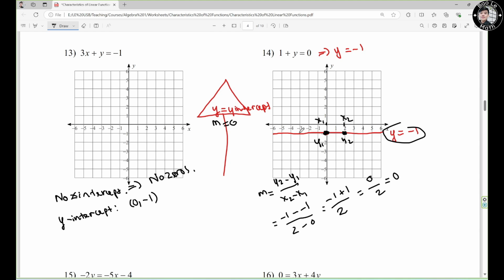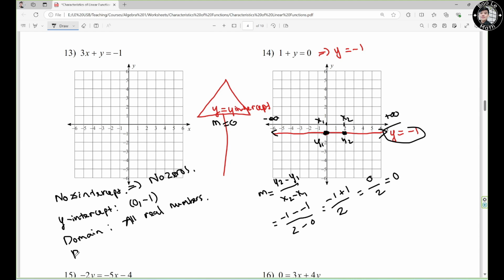Next one, we need to find the domain and range of this function, right? Domain is going to be from left to right, so you see that it's going to be like this, right? So it could be from -infinity to positive infinity, because you see the arrow point to the left and point to the right. So the domain should be all real numbers. Now the range, since the graph stays at -1, right?